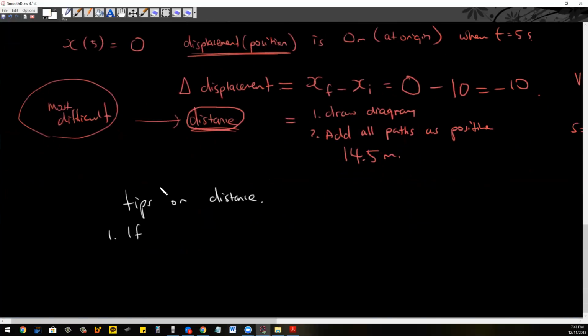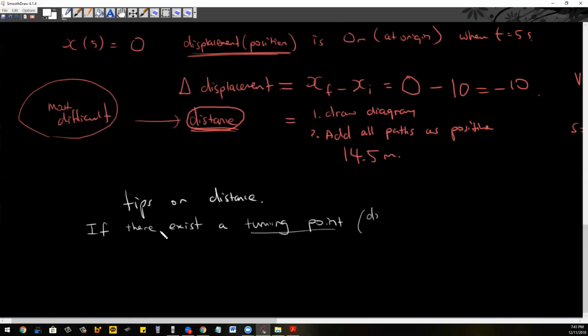To find distance, if there exists a turning point, so how do you find a turning point?